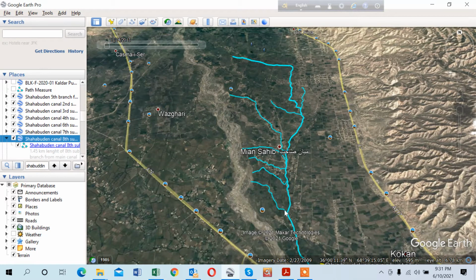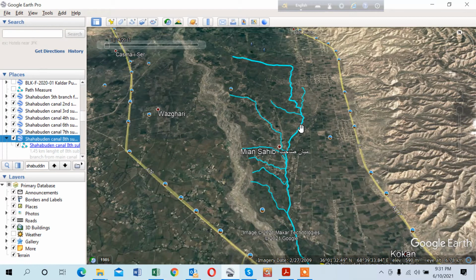There will be one control structure here, one control structure here. On each branch channel, there will be a lot of control structures to control the water level and to control the water in the branch channel. That will manage the whole command area of the project.